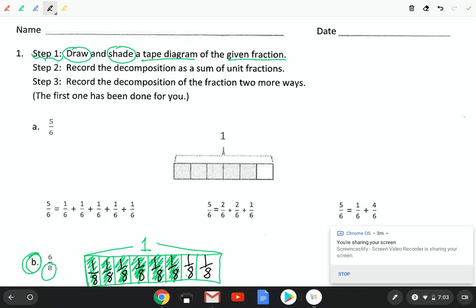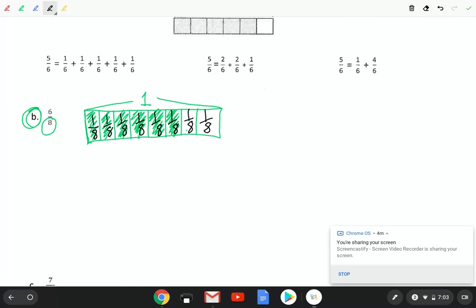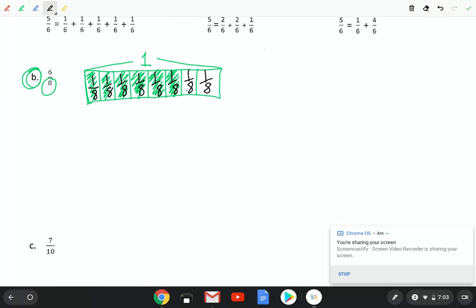So step 1, draw and shade a tape diagram. We just did. Okay. Step 2 says record or write the decomposition or the breakdown as a sum of unit fractions. So this is when we're going to take the fraction that they gave us, 6/8, and break it down as the addition of smaller unit fractions.